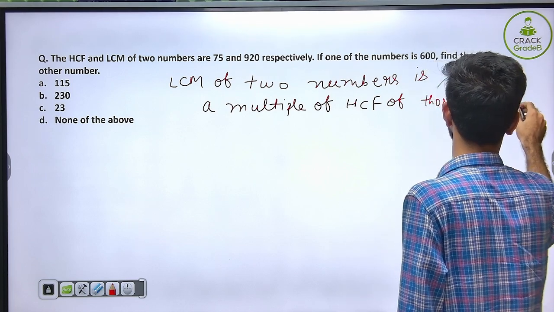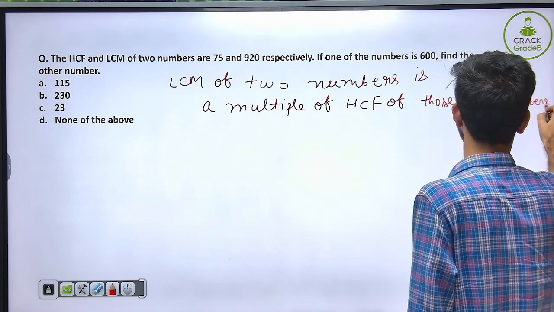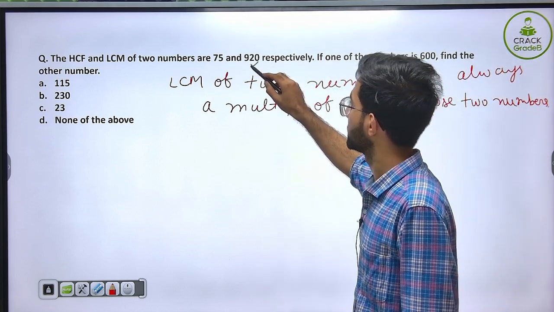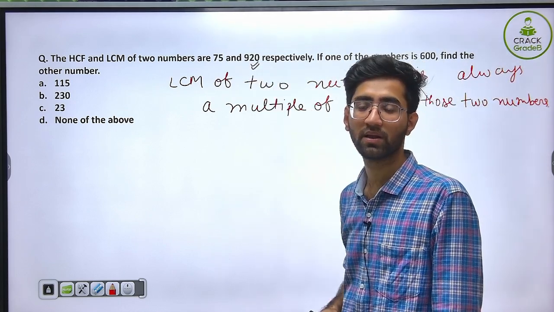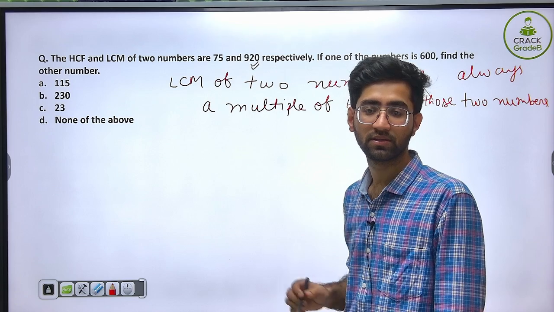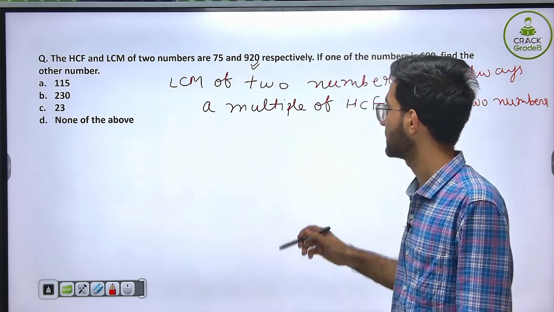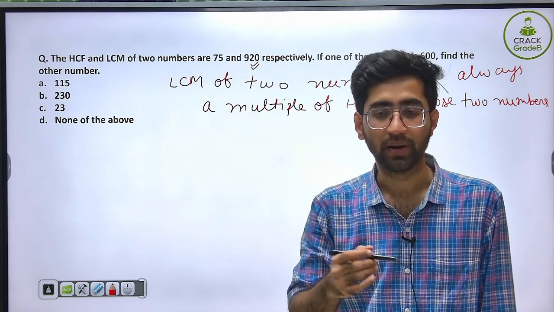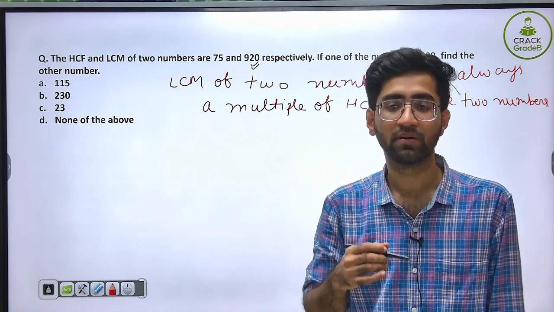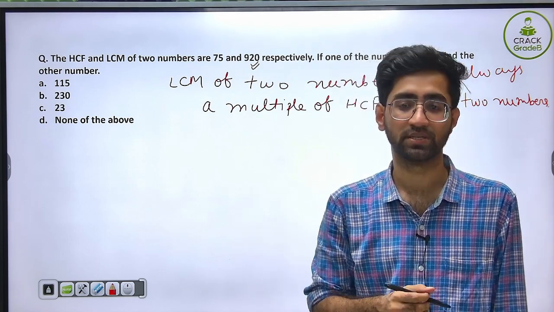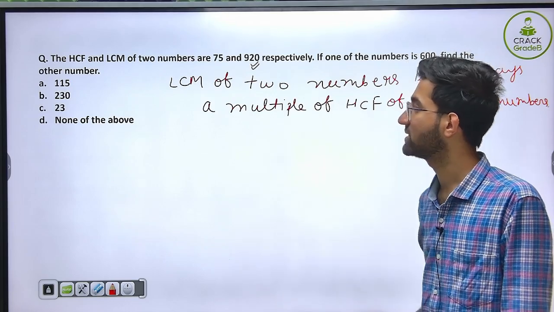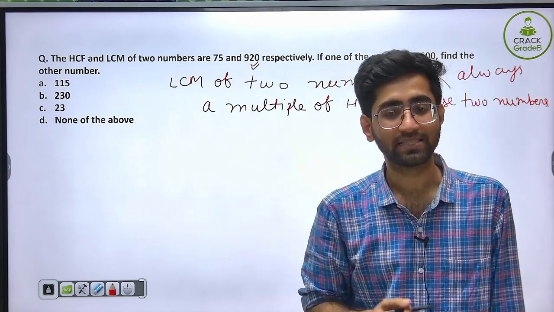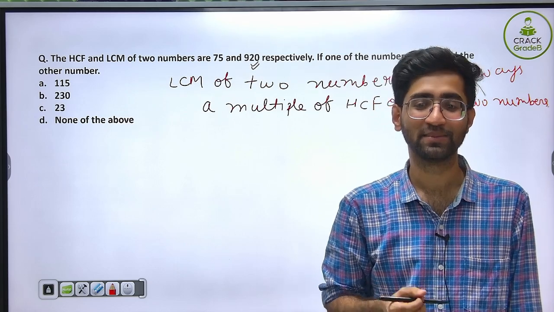So basically this 920 should be a multiple of 75. When we say that LCM of two numbers is always a multiple of HCF of those two numbers, right? So what is HCF? HCF is 75. What is LCM? LCM is 920.